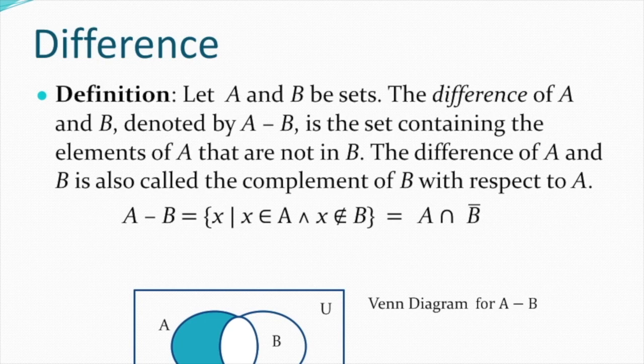The intersection is excluded, because the common elements between A and B do not satisfy the rule. The rule said, I don't want an element to exist in B. But any element common between A and B exists in B, so we cannot take it. So anything outside this, which is the A in the blue color you see here in the diagram, is basically the difference between A and B.